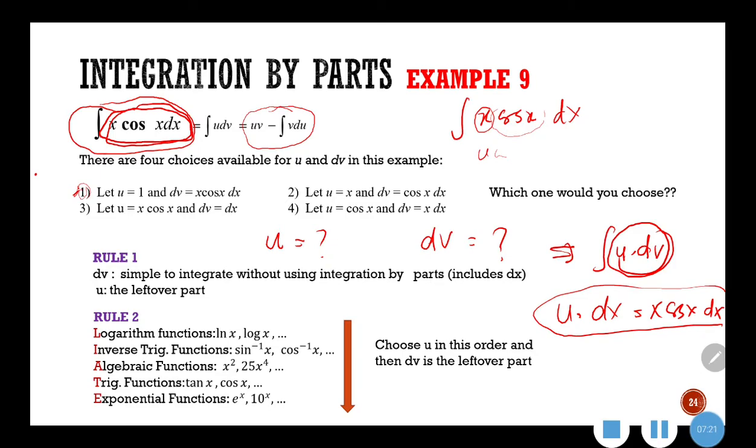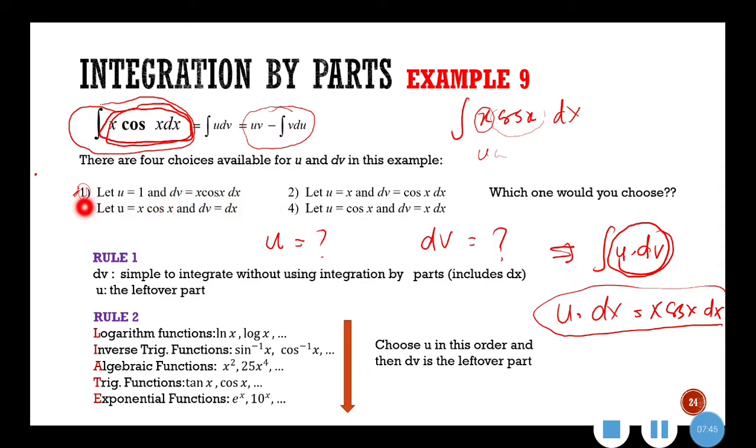Okay, and then we have let u equals x, then dv equals cos x dx. Another option is let u equals x cos x, then dv equals dx. Ataupun we have let u equals cos x and then dv equals x dx.